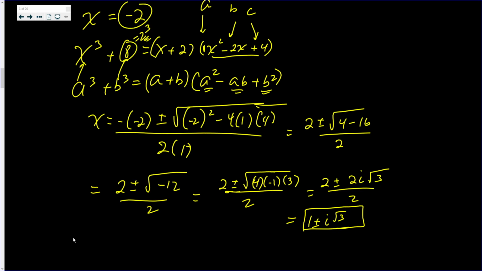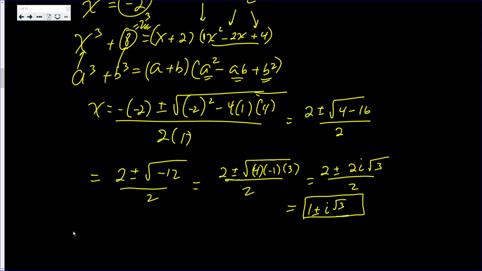That is, if you cube any one of those two numbers, and then you add 8, you won't believe it, but you'll get 0. If you cube this number, you'll get -8. And then, of course, when you add 8, you'll get 0.